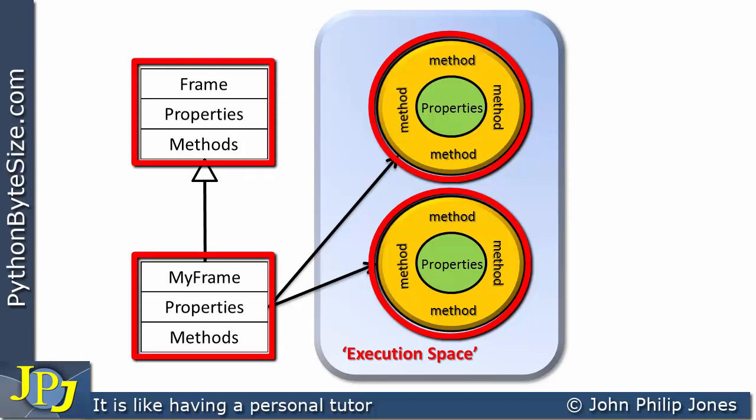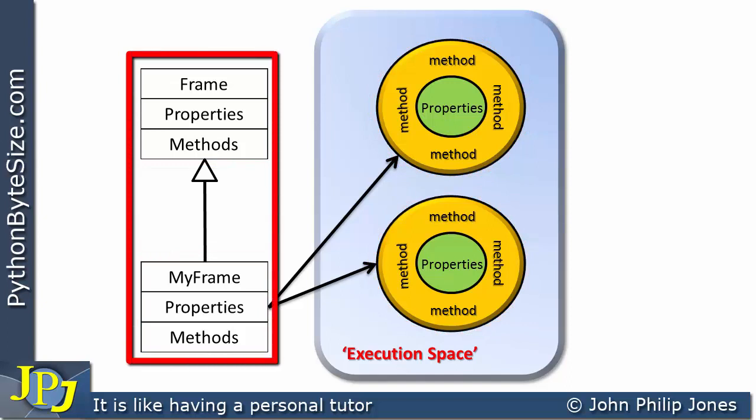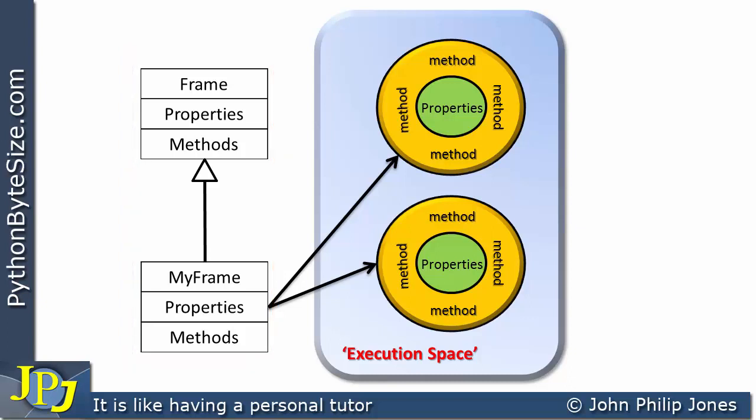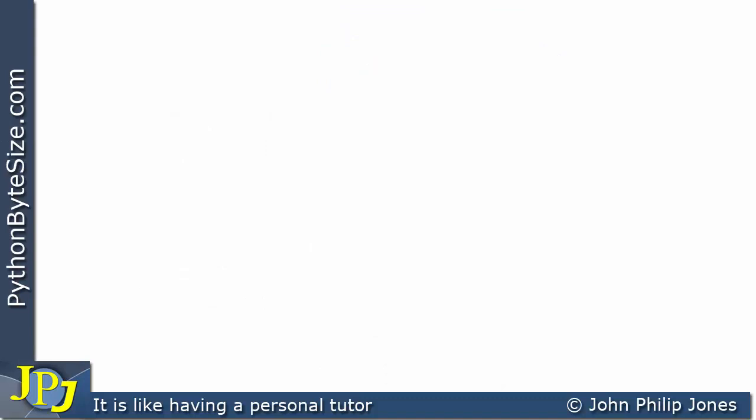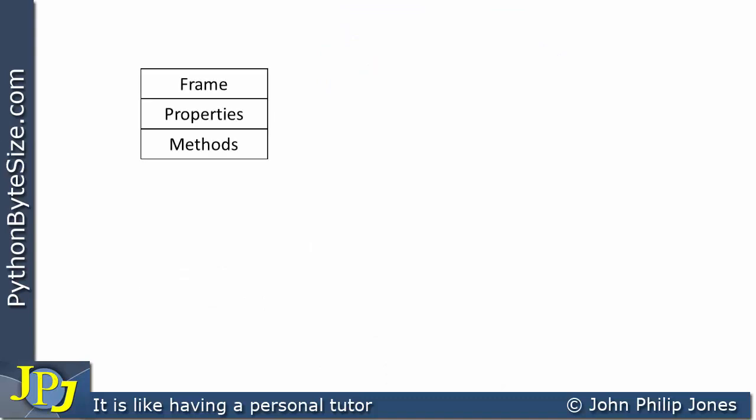But it is important to realize that you do have this class relationship, but we then still produce instances of the class that, as a programmer, I'm responsible for creating based upon the Frame class that was given to us by tkinter. To emphasize the point, let's consider the Frame class, the one given to us by tkinter, the one as a programmer I can use.